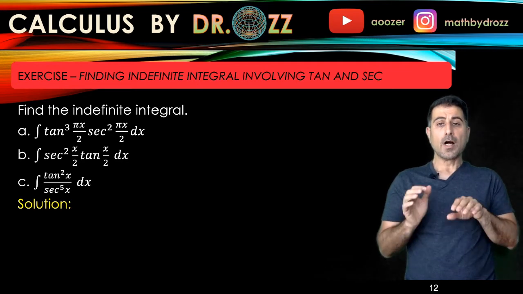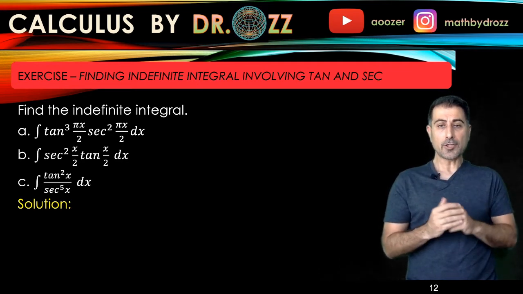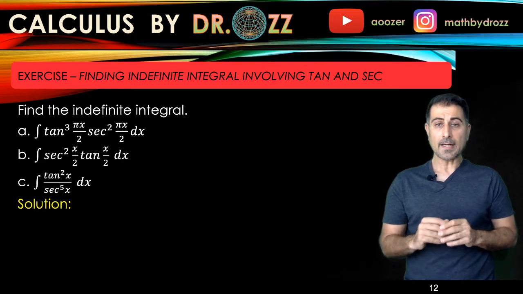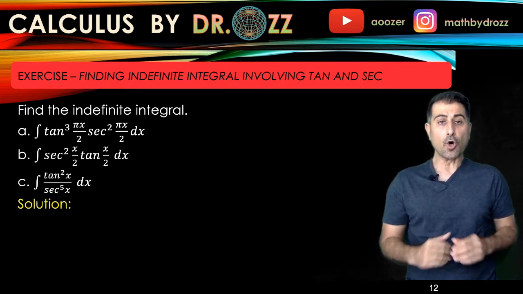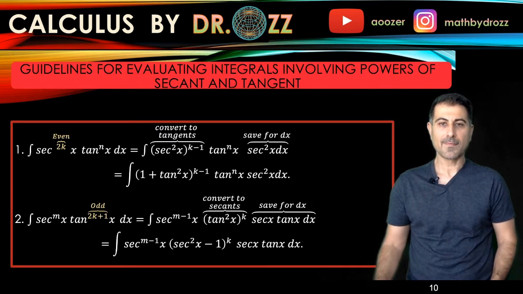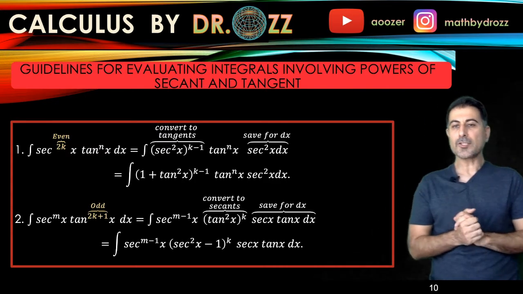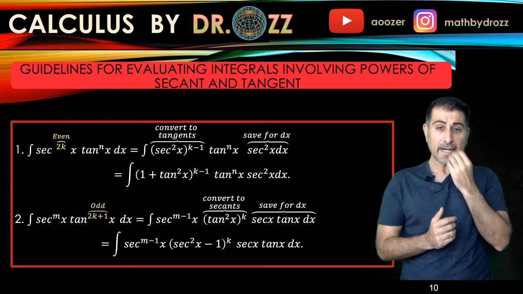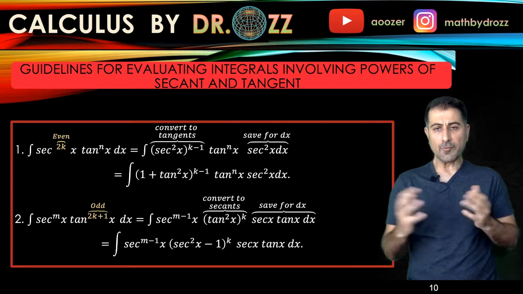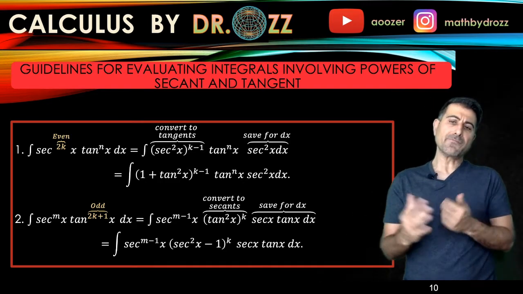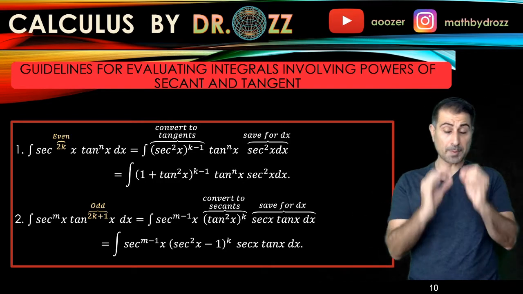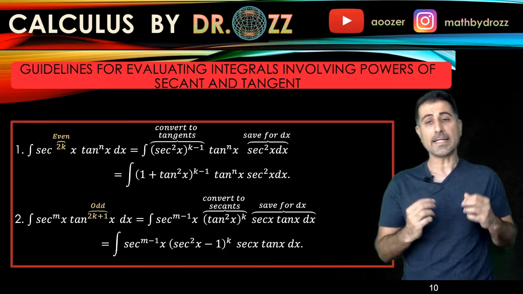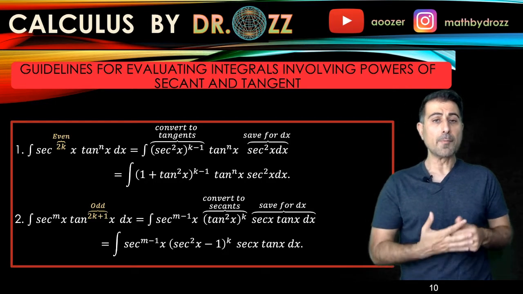Before I get started with part A, I'm going to show you those guidelines, and let's go over them real quick. All right, here they are. We have different kinds of integrals involving secant and tan. If you look at the first one, we're specifically talking about secant raised to an even power.